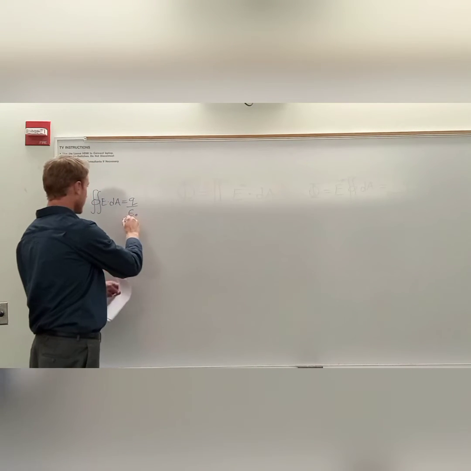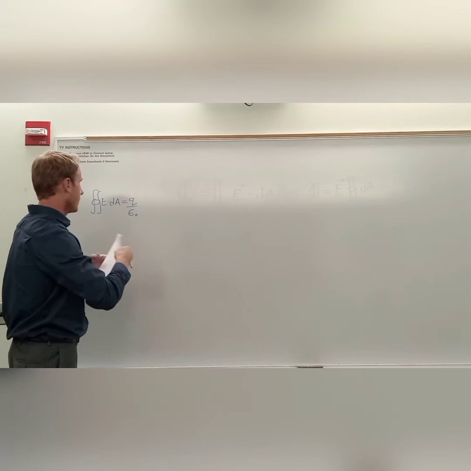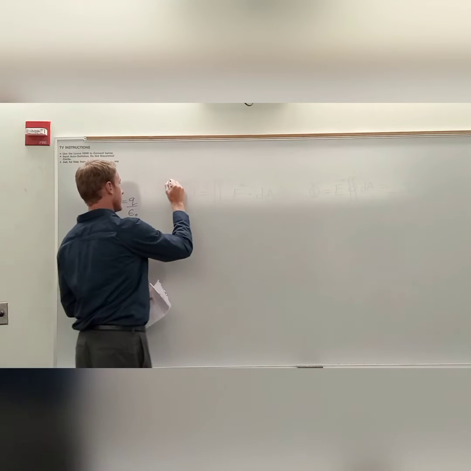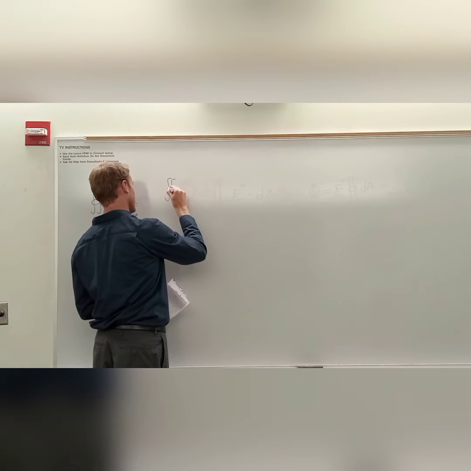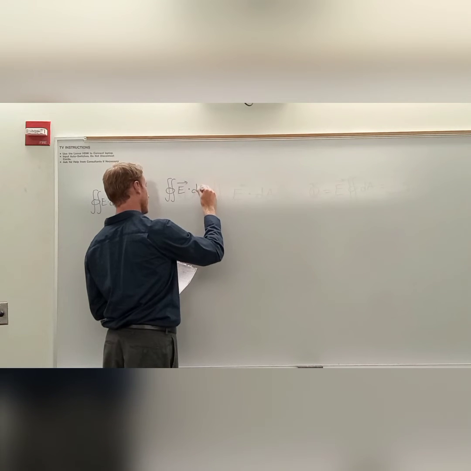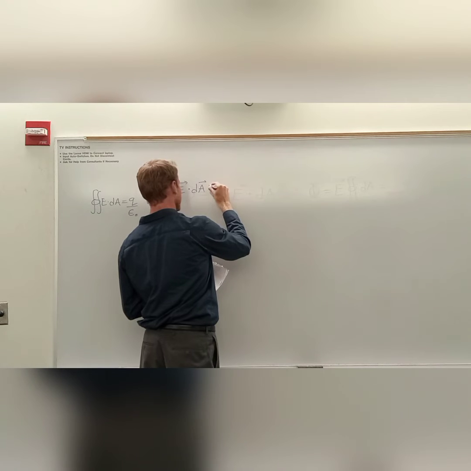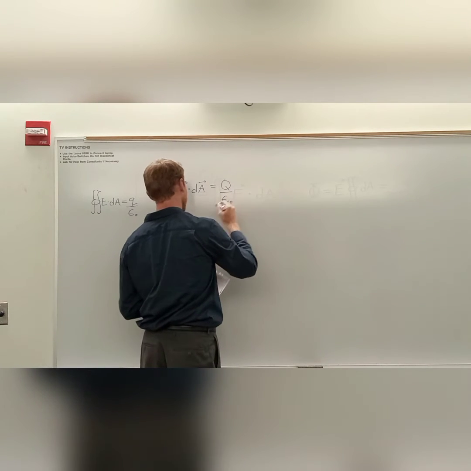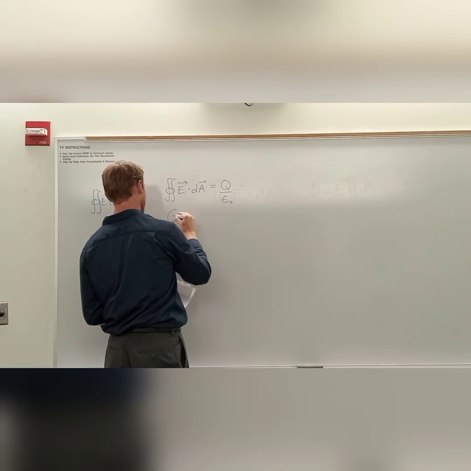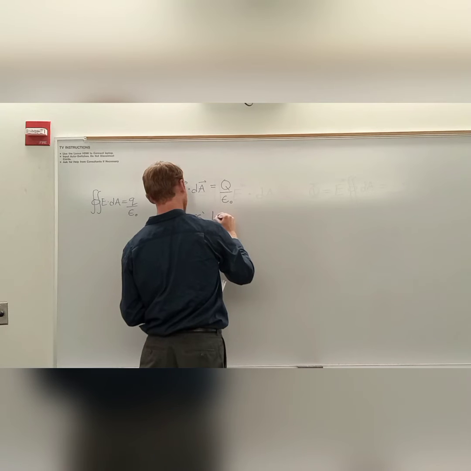So this right here gives us Gauss's law. And let me just write it in a slightly different form. We have our electric field dot dA equals capital Q over epsilon naught. And this is Gauss's law.